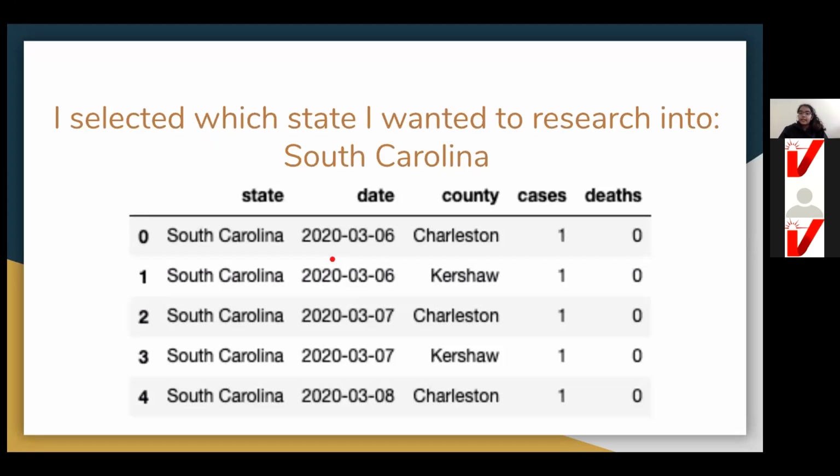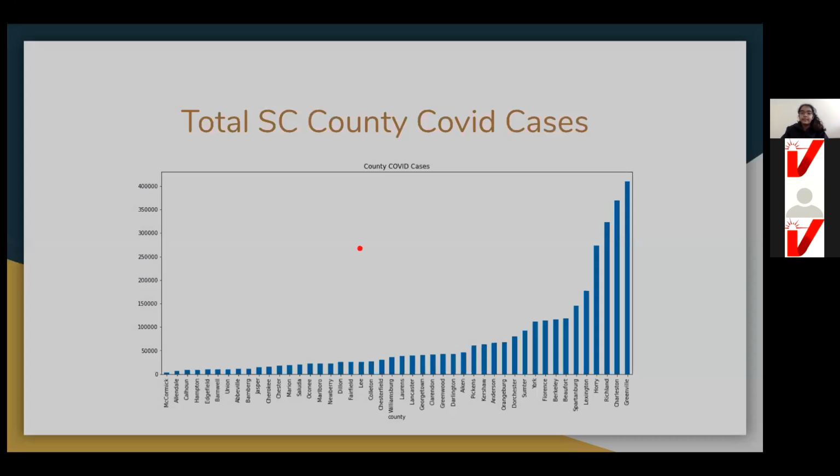I live in South Carolina, so the state I selected to research was South Carolina. The first recorded COVID case in South Carolina was in March. So this is my data analysis.